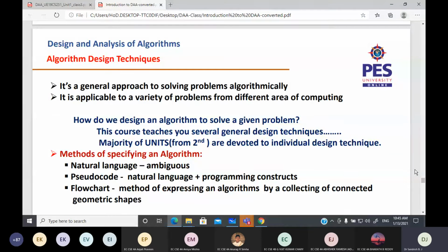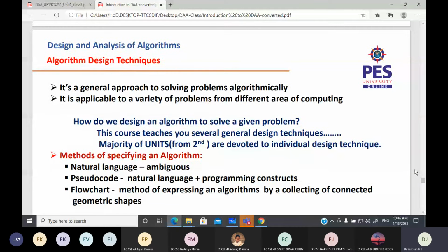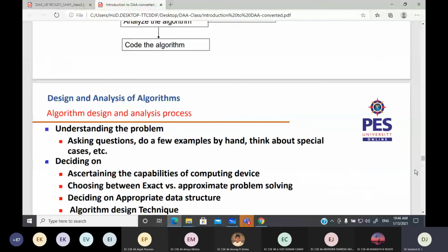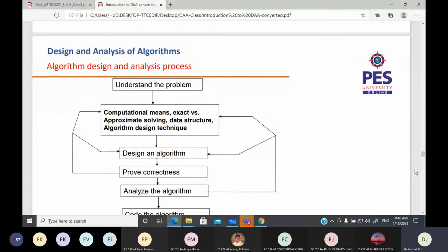There is one more method of representing an algorithm, which is a flowchart. It is a method of expressing an algorithm by a collection of connected geometric shapes containing descriptions of the algorithm's steps. So you could specify your algorithm using any of these three methods. So the first step is to understand the problem.